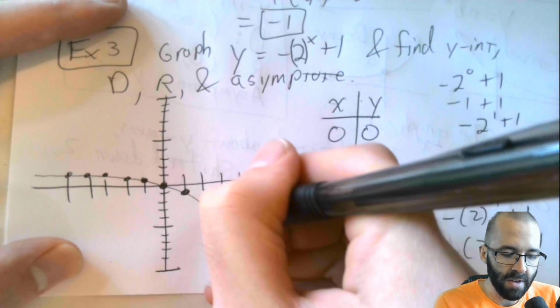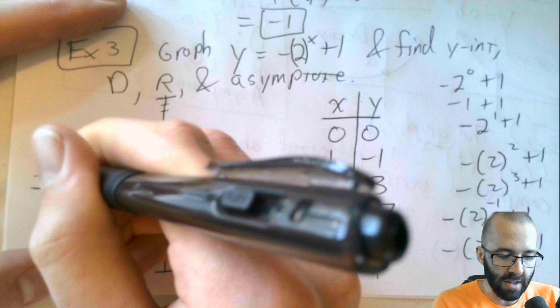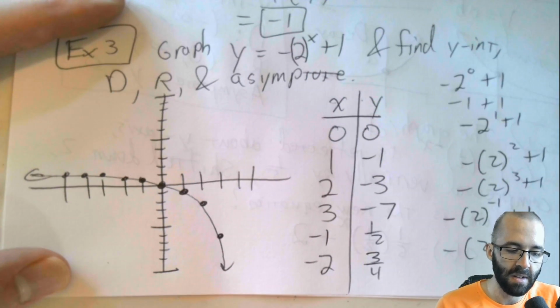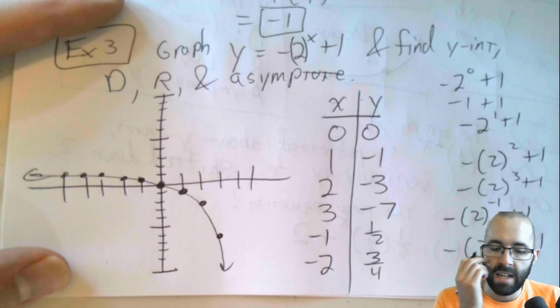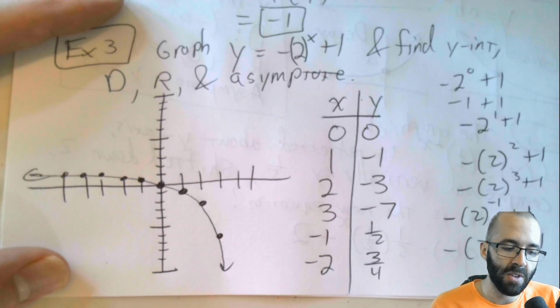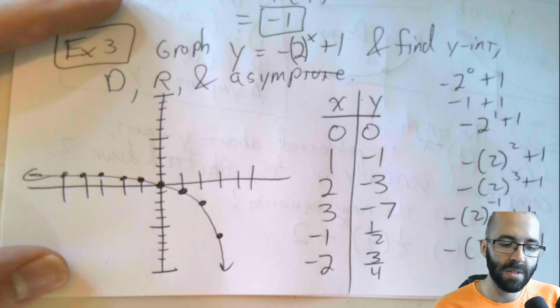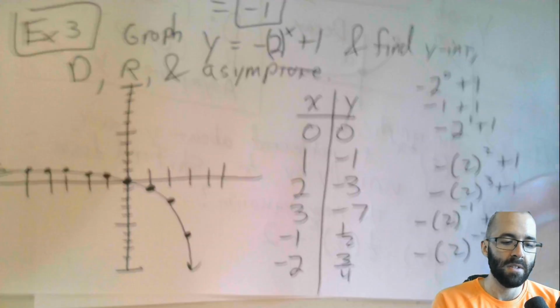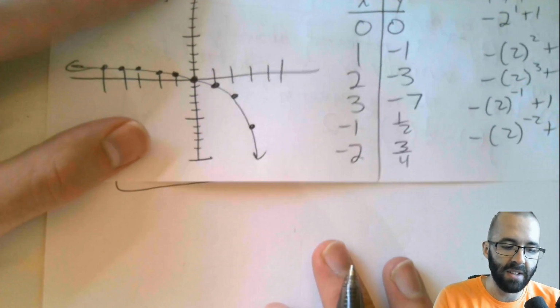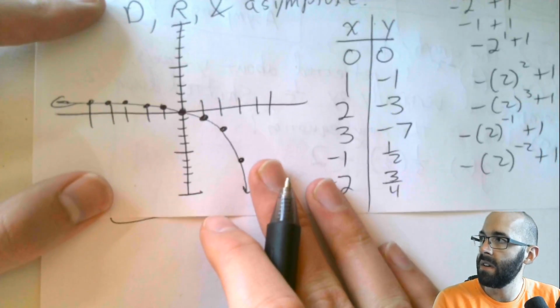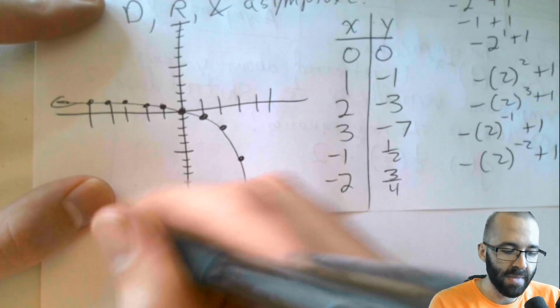So, to finish the graph, just connect all the points like so. Now we need to find the y-intercept, the domain, the range, and the asymptote. So what we're going to do here is again go onto this second page, like so. Look at them one at a time.